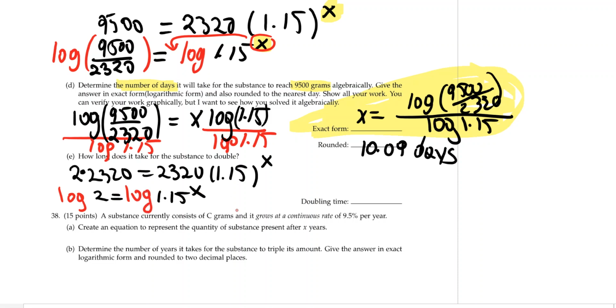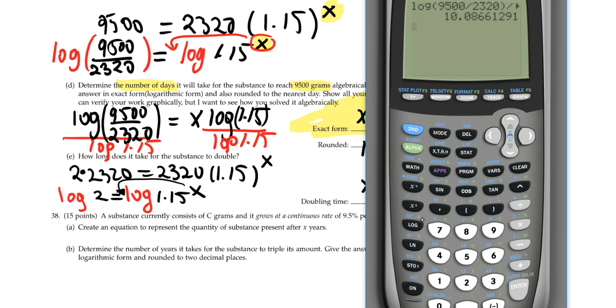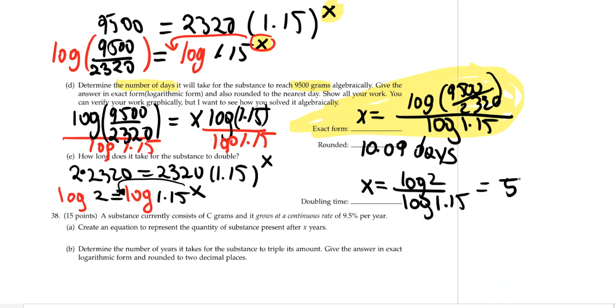X comes down in front, so log 2 equals X times log 1.15. So X is log 2 over log 1.15. That's the exact answer, and to round it we put log 2 divided by log 1.15 in the calculator, which is approximately 5 days.